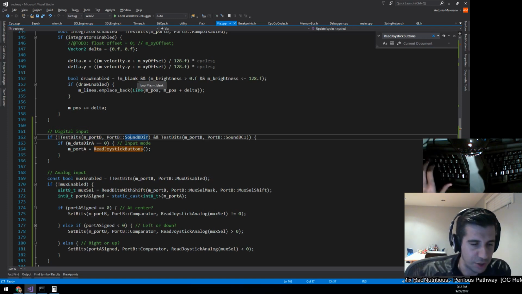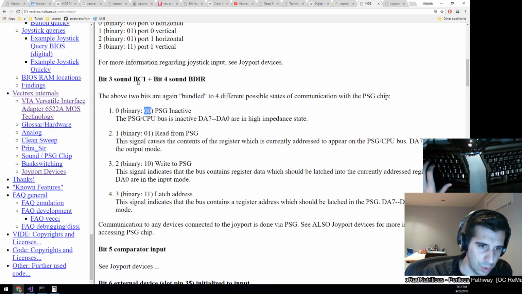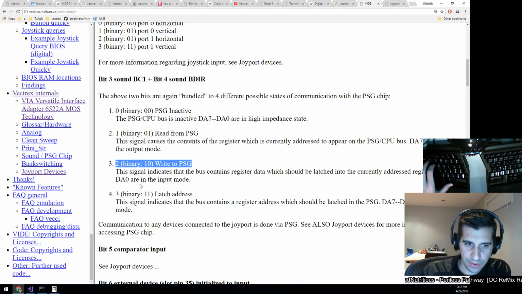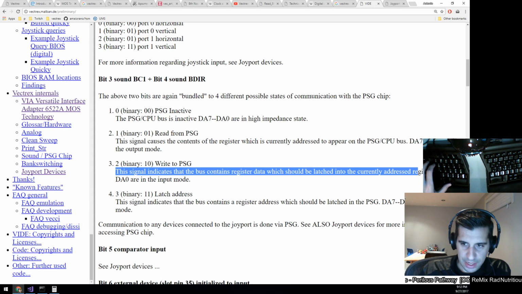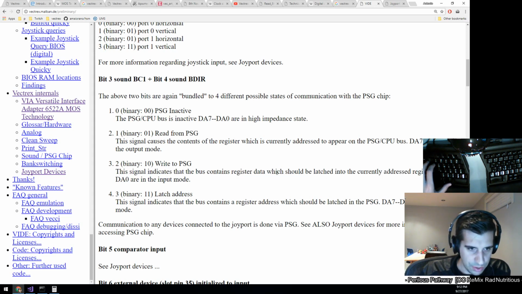So in my case, I'm looking for 0 1. Here that maps to 1 0, which is this one here, write to PSG, right? This signal indicates that the bus contains register data, which should be latched into the currently addressed register. Okay? So in here he says DA7 to DA0 are in input mode.